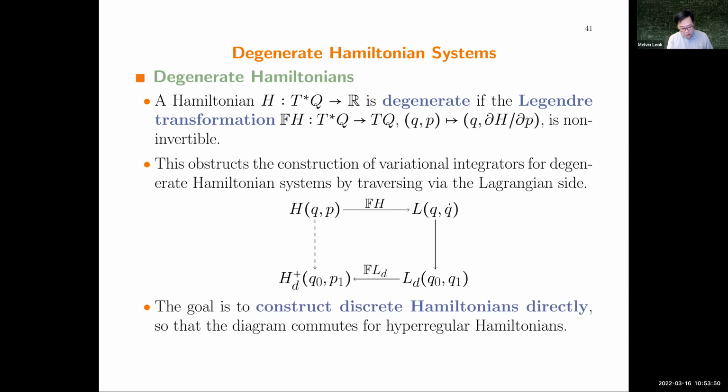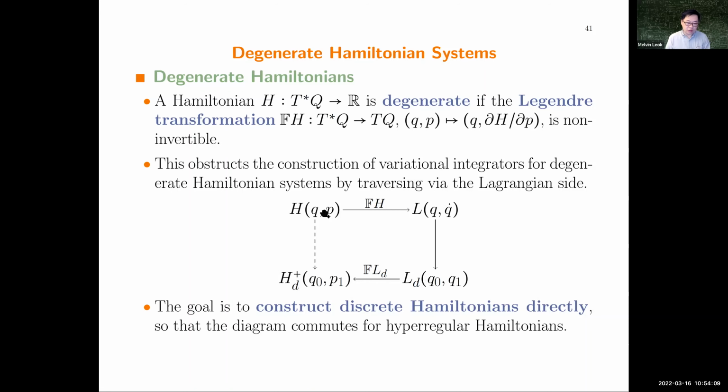And so traditionally, variational integrators were all constructed on the Lagrangian side. And Hamiltonian integrators were done by identifying the Lagrangian of a Hamiltonian and then going around this loop this way.